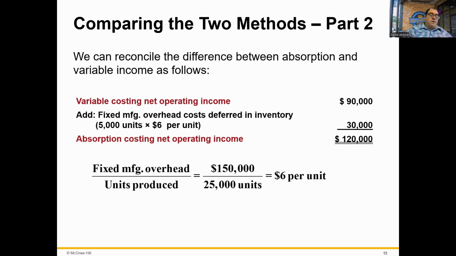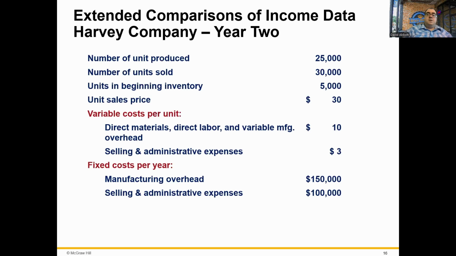And 5,000 units are therefore in the beginning inventory in that second year.